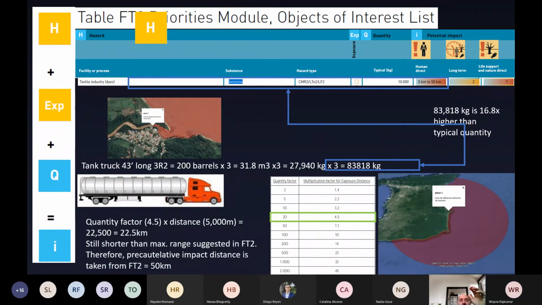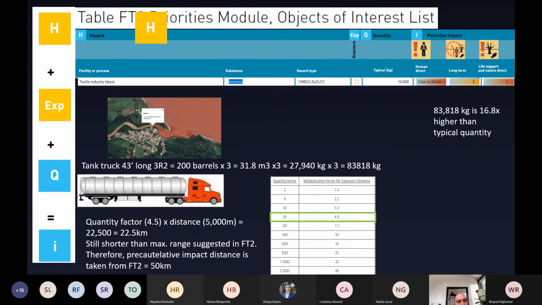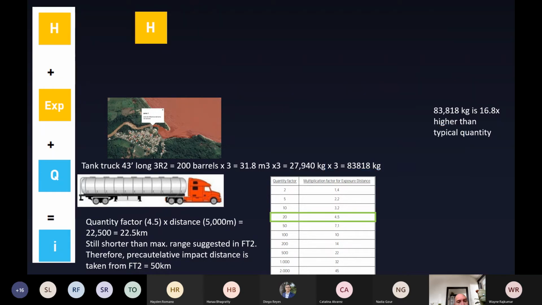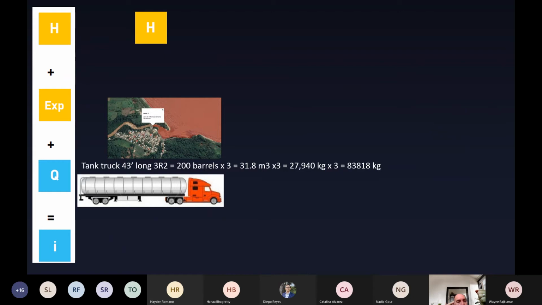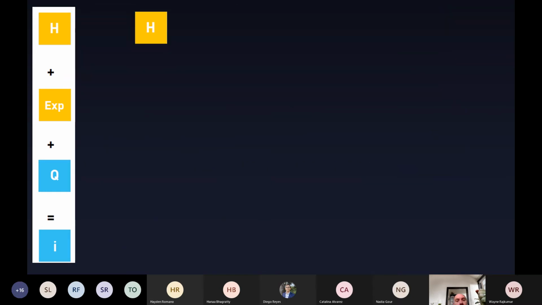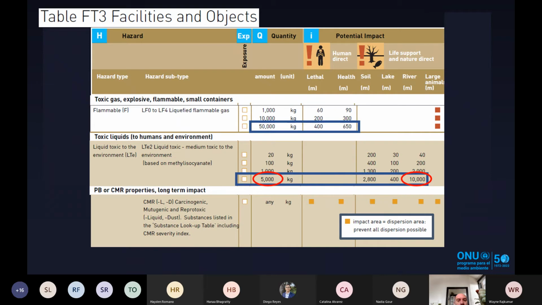Yeah, as you can see, can you go back a bit, Diego? A bit more, where the distances are. So I have 5,000 kilograms as the limit of the amount proposed in the table. But now I have a spill of 83 tons, 83,000 kilograms spilled into the sea.